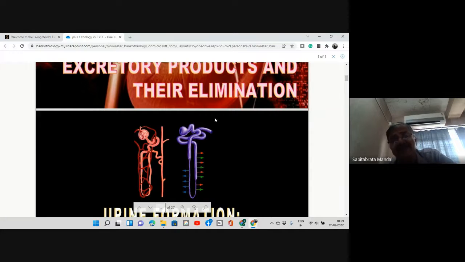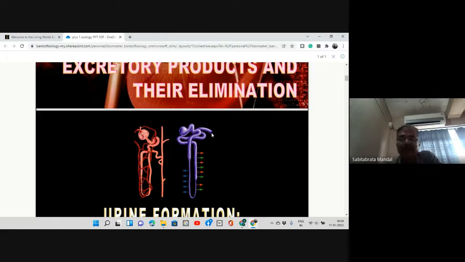After this, the collecting tubule is also there, and there also the reabsorption of useful substances will take place. So if I have symbolized the glomerular filtrate as A, then I am symbolizing the substances which are selectively reabsorbed as B.